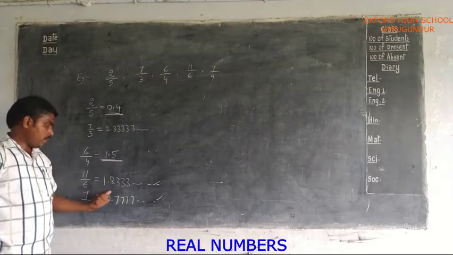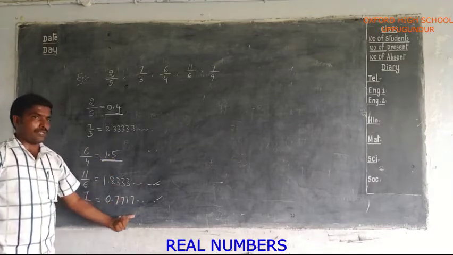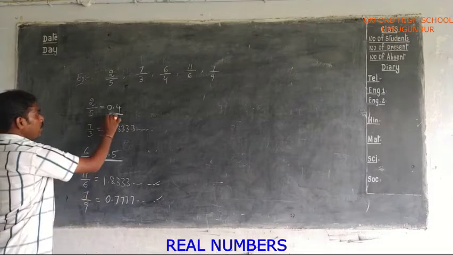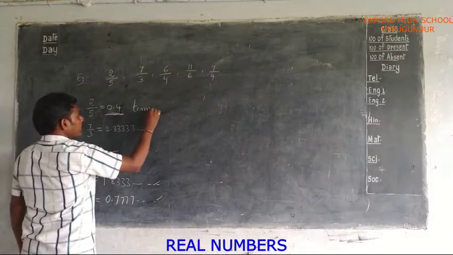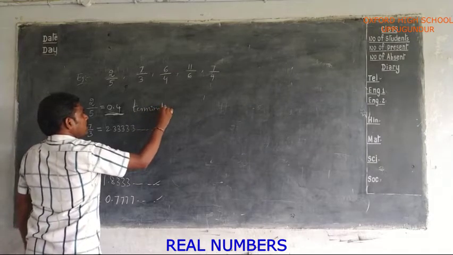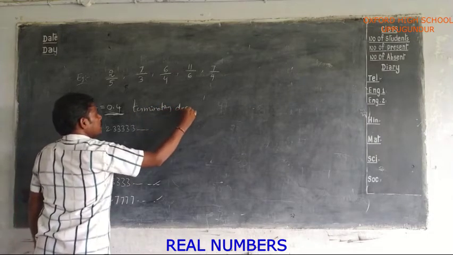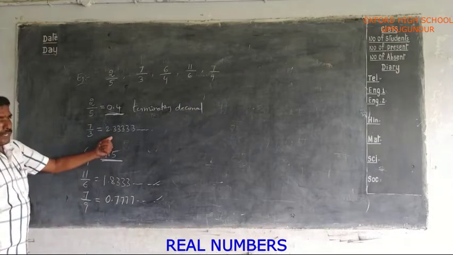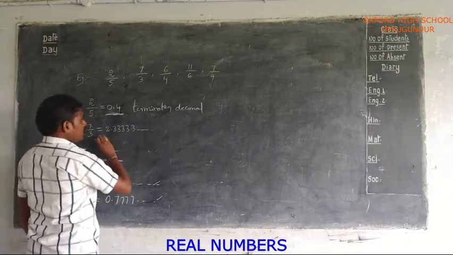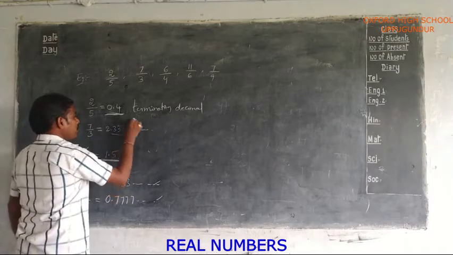Here 3 is continuing, here 7 is continuing. So whenever it stops, we call that decimal form a terminating decimal. Whenever it is repeating, it is not terminating but repeating.